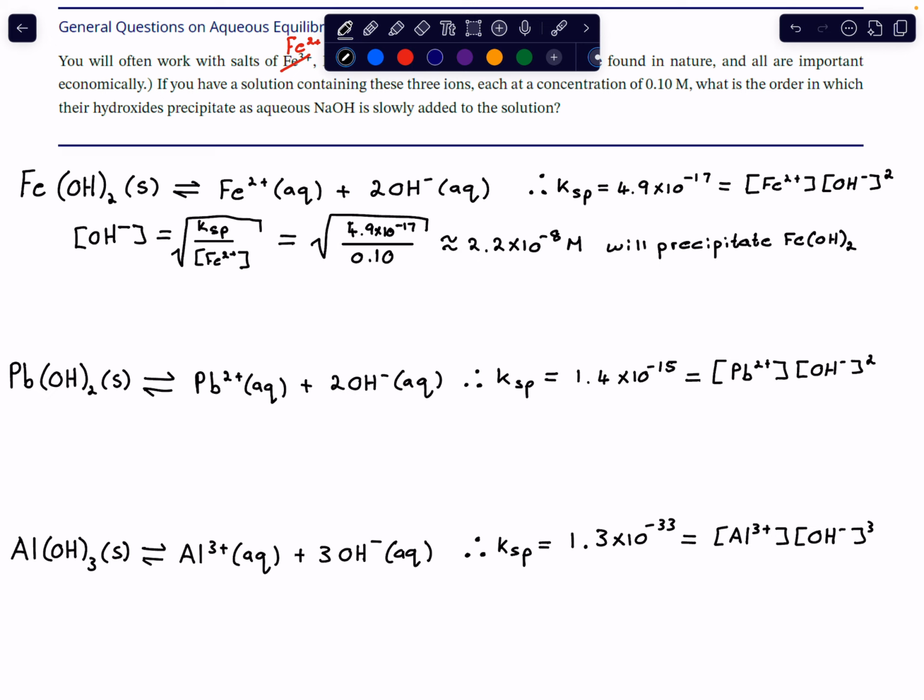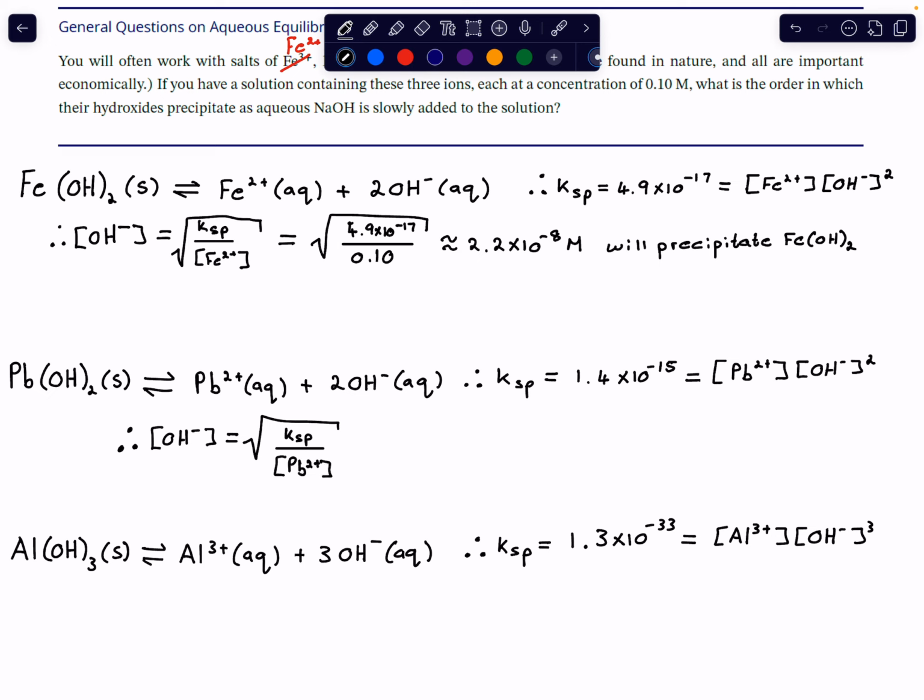So what is the concentration of hydroxide that will precipitate lead hydroxide? So if we solve here for the hydroxide ion concentration, the KSP here is again the square root, and this time over the lead ion concentration.